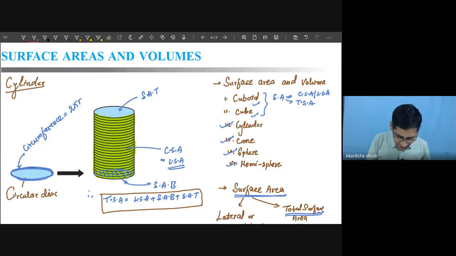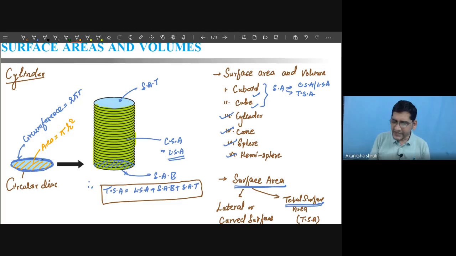But if we want to know the area enclosed by this boundary, the area of the circular disc, then this area is calculated by area enclosed by this circle, that will be given by pi r square. Okay, students. So these are the things for this circular disc.